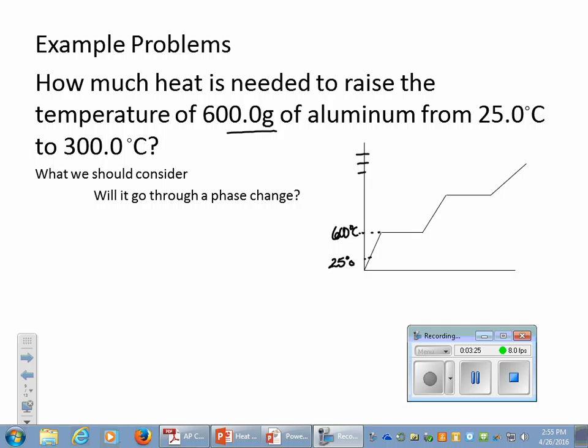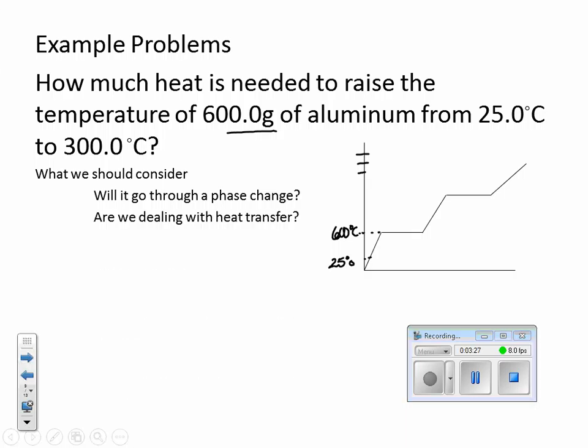So we should consider as heat transferring. And that means that we would have two substances. Since we only have one substance that we're dealing with here, the aluminum, then we do not need to consider heat transfer. You would see the words in a calorimeter, or you would see more than one substance, typically the substance that you're interested in, and the surroundings would be water.